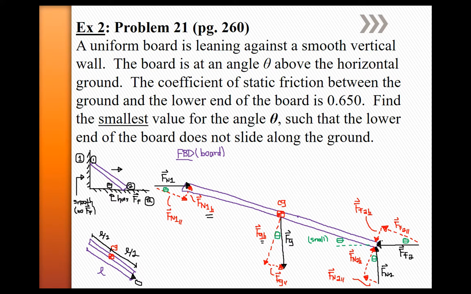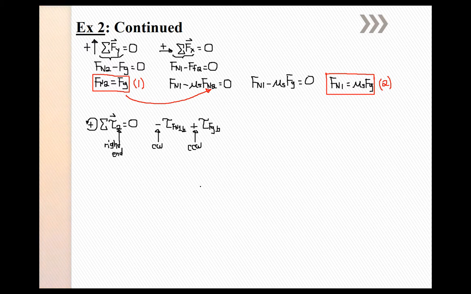So I don't have to worry about Ff2 perpendicular or Fn2 perpendicular, because from this right end of the board, no lever arm means no torque. You could, by the way, do it for the left end. It's just that you're going to have more terms to worry about in your torque equation. So it's just a clever way of hiding things. If you want to hide forces, then sum the torque about the location of where those forces are located.